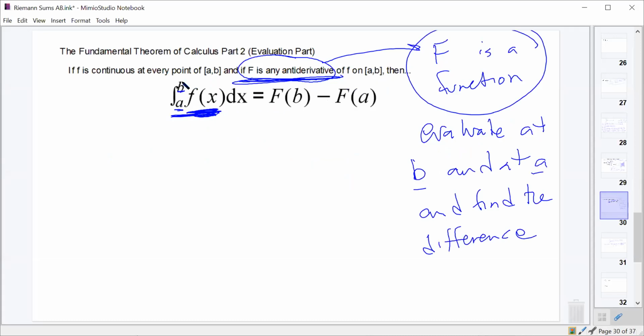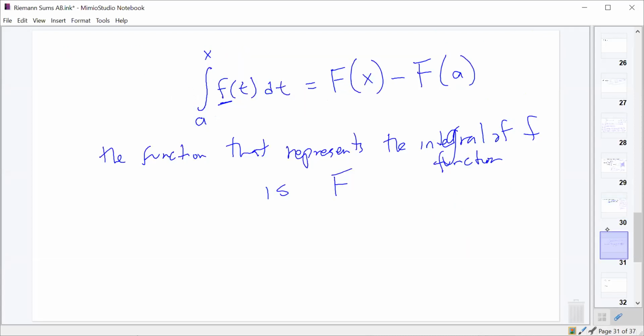And if I had from a to b, if capital F is the antiderivative, we find the difference between them. So that's what I've done here, except instead of having a to b, I have a to x. Everybody okay with that? That's just the second part of the fundamental theorem. Good or no? Good. With capital F being the integral function of little f.